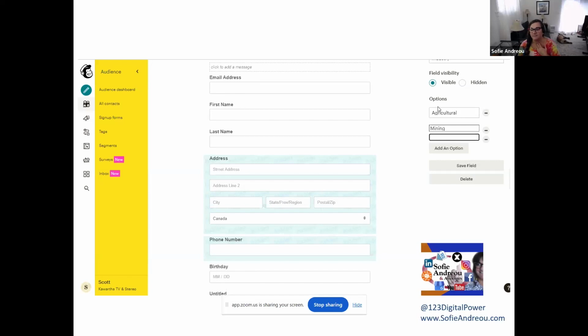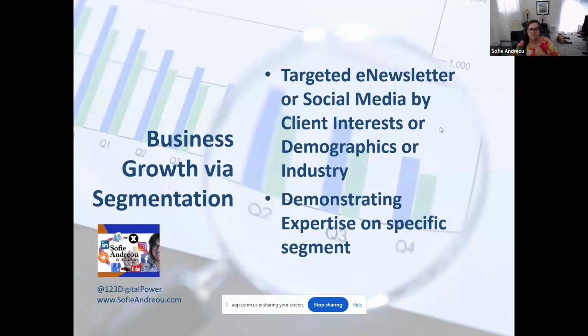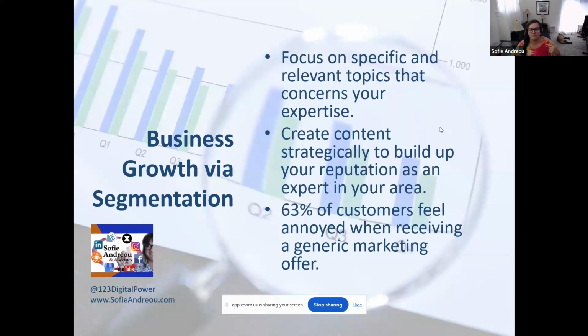So you may want to ask the industries they're in. So maybe that's a way you want to segment. It's really up to you. It's how you're going to conduct your business going forward in inviting them to events. So that's a big thing for segmentation. You get to target your emails and demonstrate your expertise.